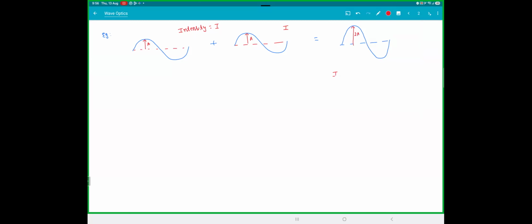And we know intensity is proportional to amplitude squared. So this wave's amplitude will be 2A, intensity will be 4I. Means if you add two waves of intensity I plus I, you'll get 4I. Or I can do it like this also. Suppose you added this and you added this.